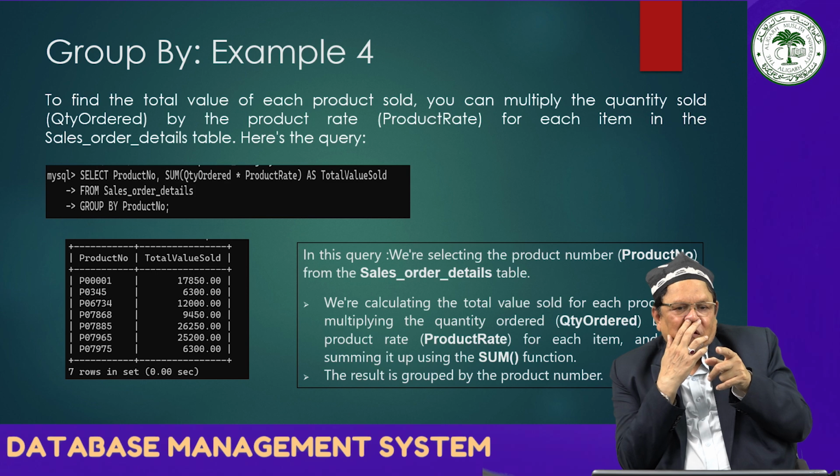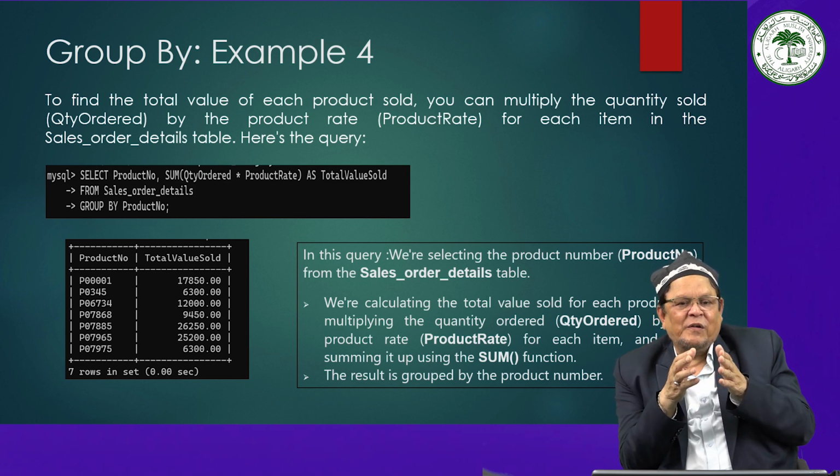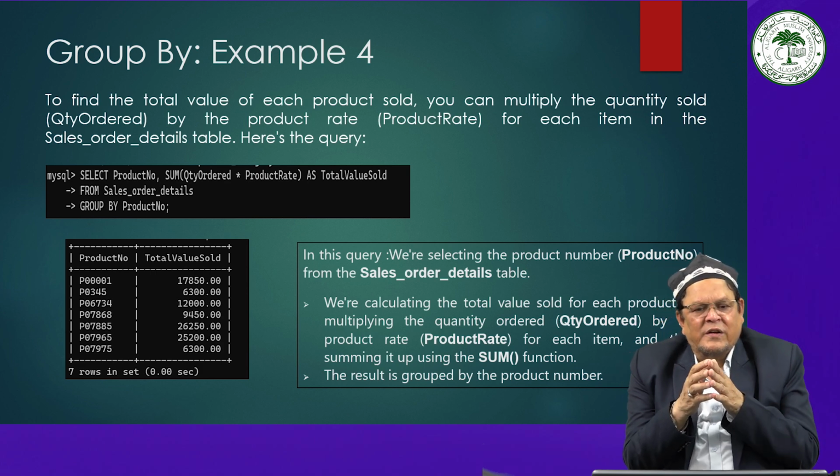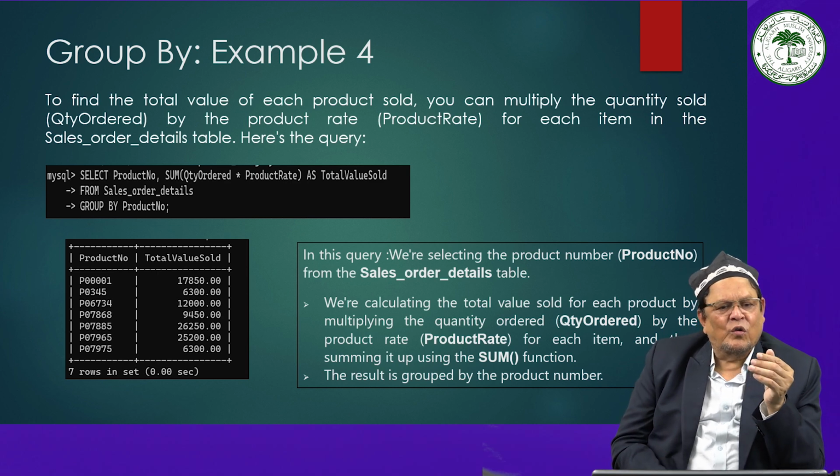So we will write in MySQL: select product number. We want a sum for all the product values sold. So quantity ordered multiplied by product rate as total value sold from the sales order details group by product number. When you press it, it will display the product number and total value sold.